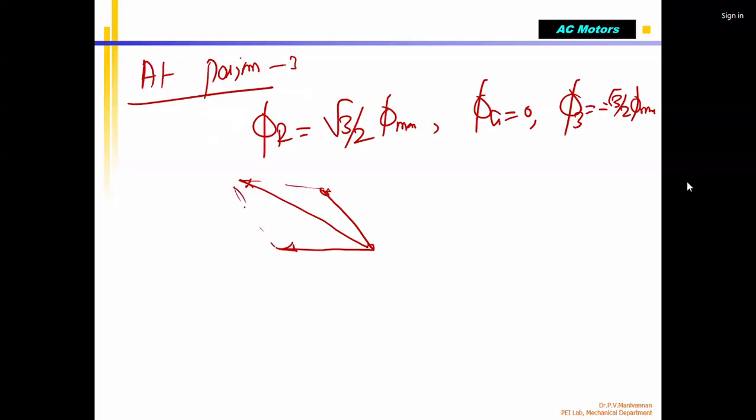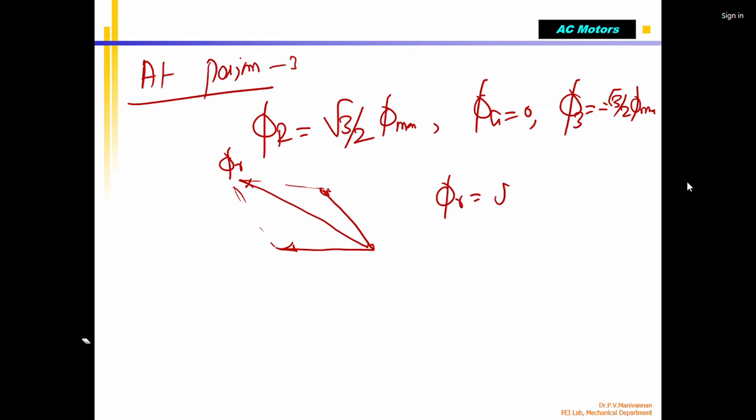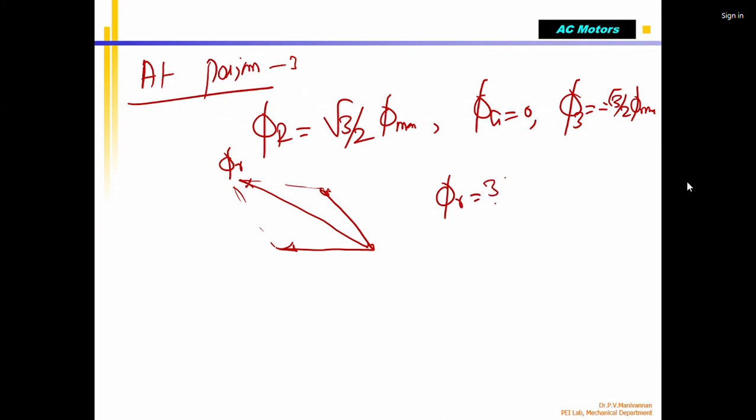Okay, so this is the phi r resultant vector, and phi r is going to be root 3 by 2, which is 0.866 into phi max. Okay.